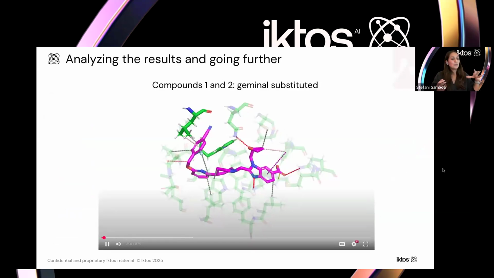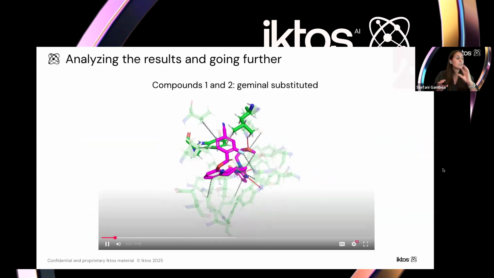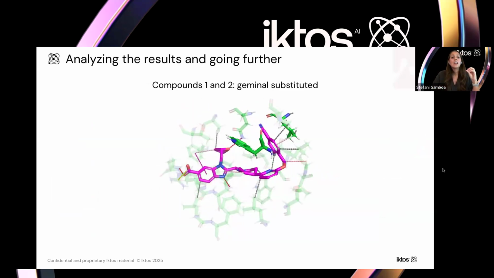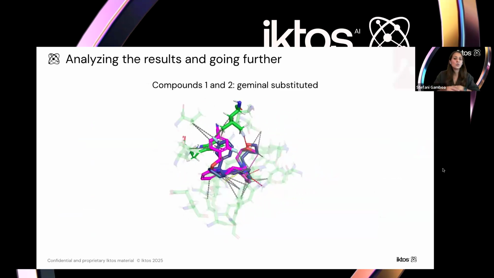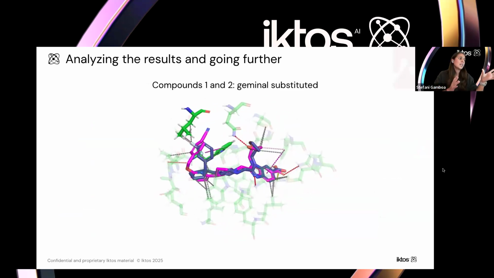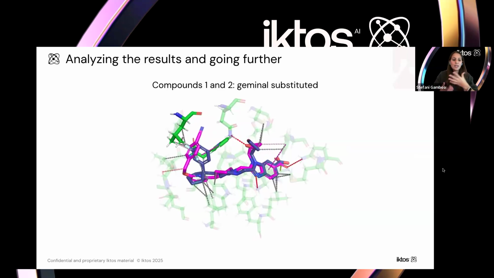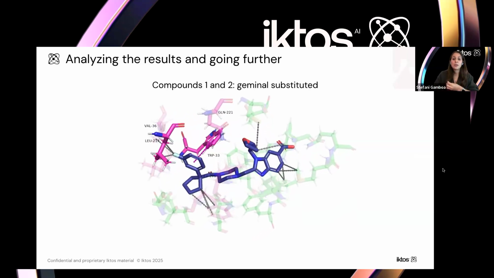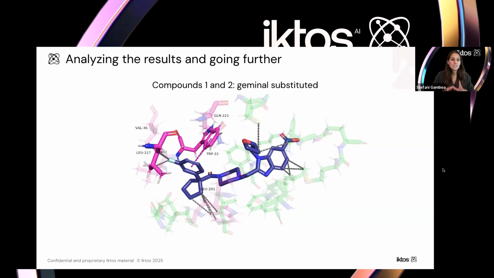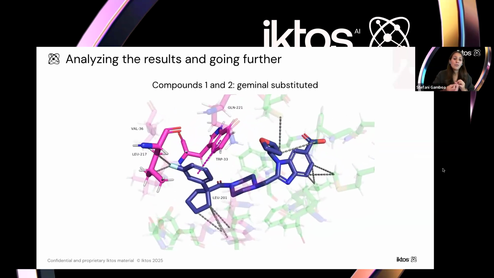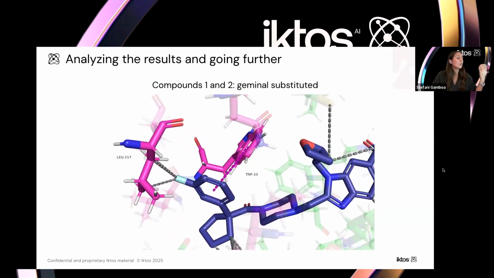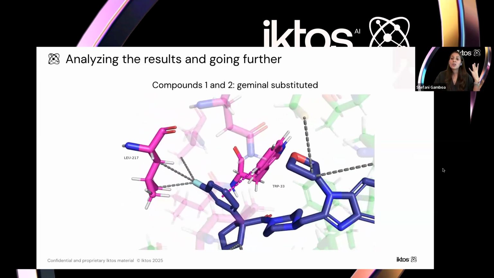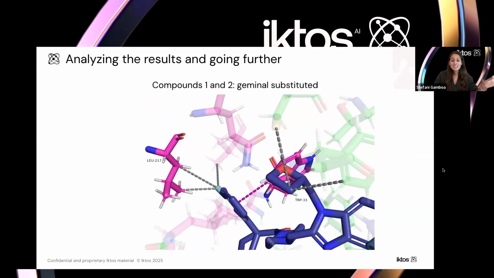Finally, in this video, what I wanted to show you is a sequence where you see the reference ligand, and then you will see the 2 analogs that I chose. The first one here is a perfect example of Makya's ability to explore new chemical ideas without losing essential contacts, and enforcing the generation to explore new ones, such as tryptophan or lysine 217, which are not present in the reference ligand.